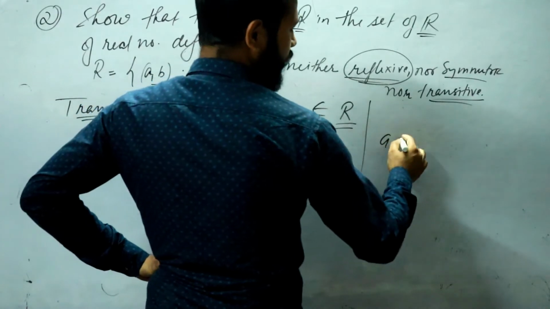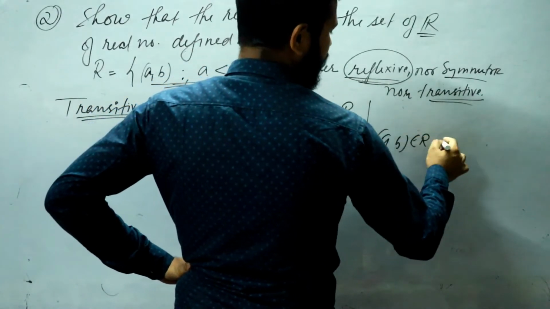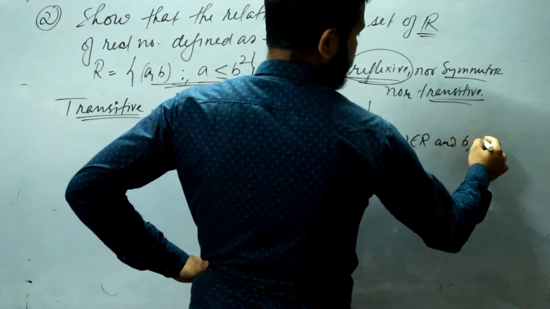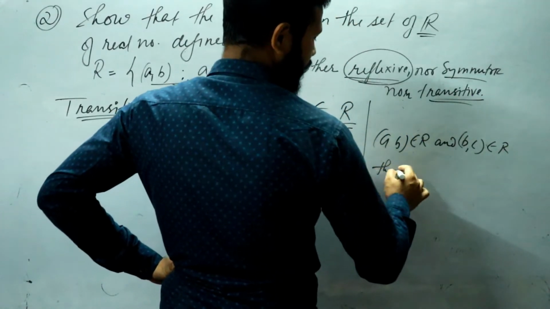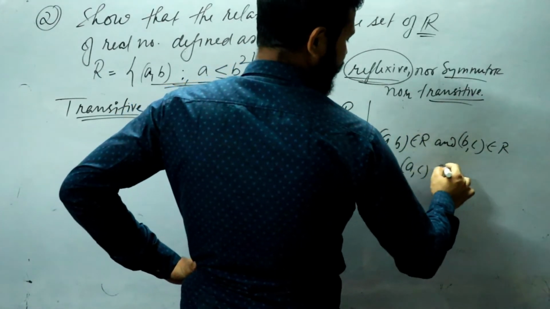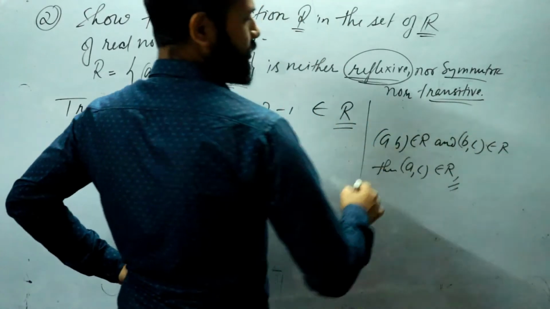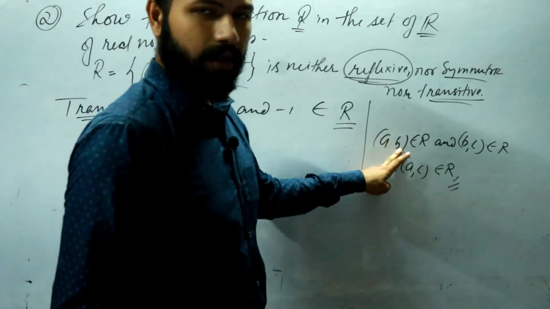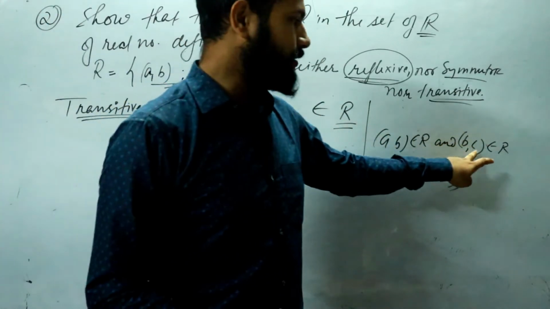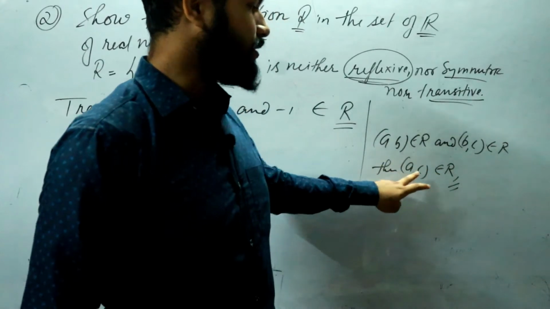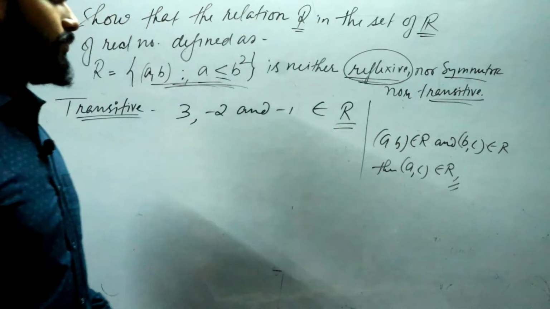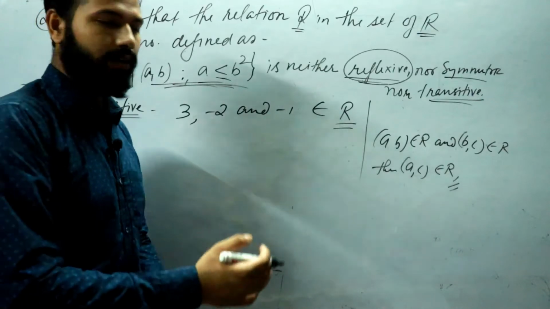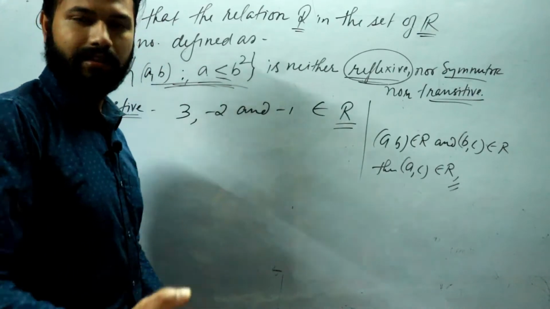If A comma B belongs to the relation and B comma C belongs to the relation, and then A comma C also belongs to the relation, then we can say the relation is transitive. Remember, A B belongs, B C belongs, and A C also belongs to the relation.